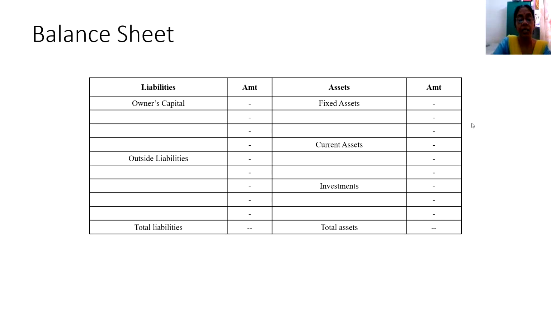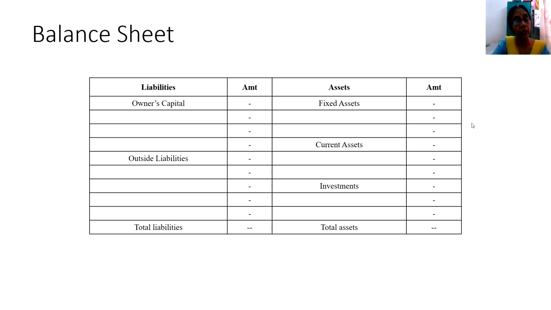Look at the left hand side of the table. On the liabilities column, we have the first item recorded as owner's capital. This represents the surplus money invested by the businessman in his own name. In case this capital is not sufficient to continue the business, then what does he do?